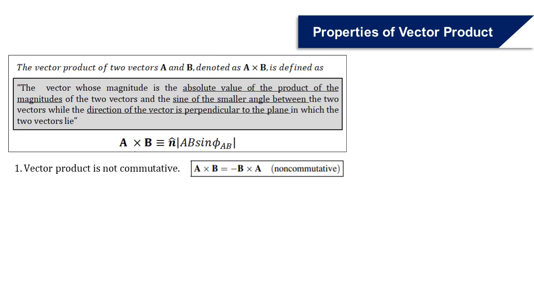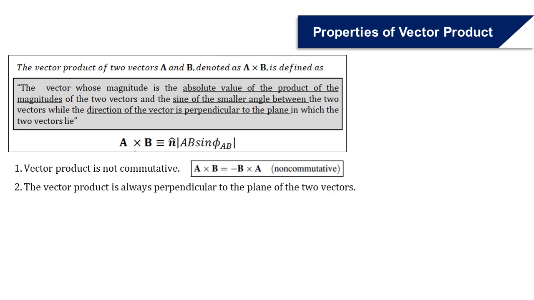So, sabi dito, the cross product of A and B is equal to the negative B cross A. Ibig sabihin, pag binaliktad mo yung arrangement ng vectors mo sa isang cross product, nababago yung direction. So therefore, the vector product is not commutative. Mamaya, mas maintindihan yung ibig sabihin kung bakit nagkakaroon siya ng negative. So it means kasi parang nababaliktad yung direction ng ating cross product.